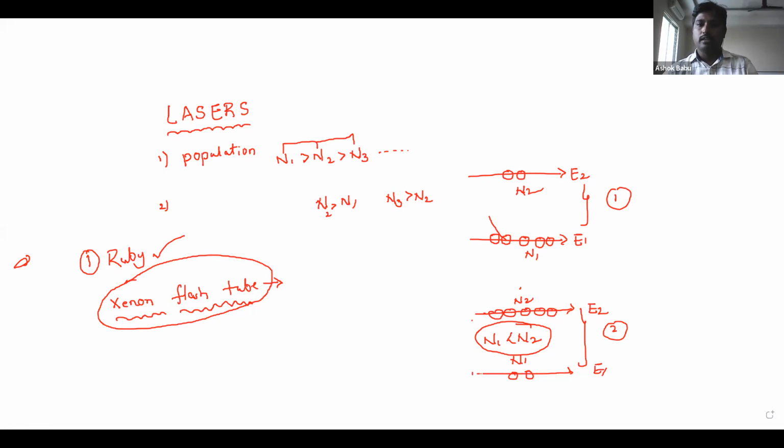So the first thing is population inversion. To achieve laser action, getting population inversion between the existing energy levels is compulsory in every type of laser. To achieve this population inversion, we use pumping sources.